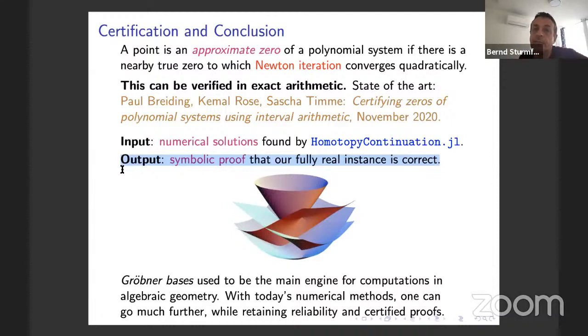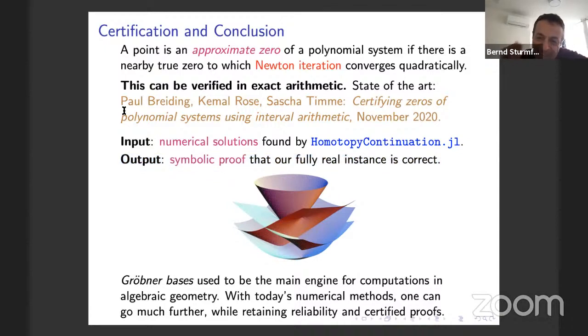So let me emphasize this for the students in Ibadan and the faculty in Amsterdam. The paradigm in computing and algebraic geometry for many years has been symbolic computing, and we believe the accurate behavior of symbolic algorithms. But there's a new paradigm that says that numerical computing is faster, it's accurate, and it's certified. It comes with the proof. So this method by Breiding, Rose, and Timme is implemented in the software.